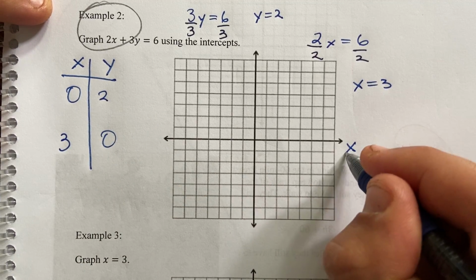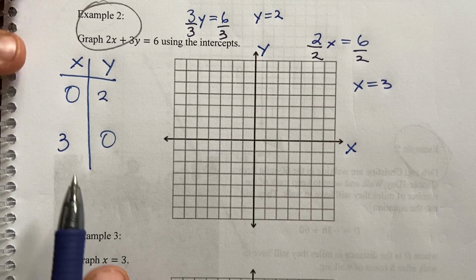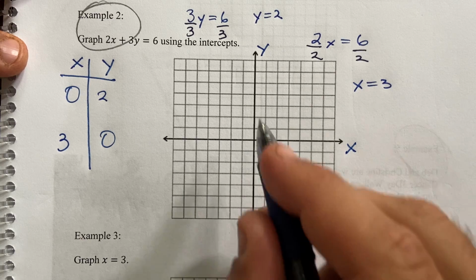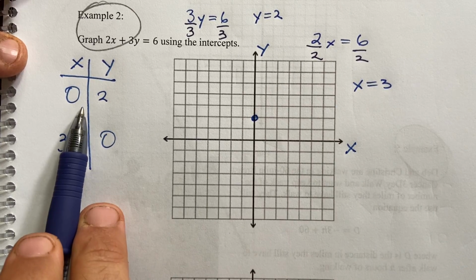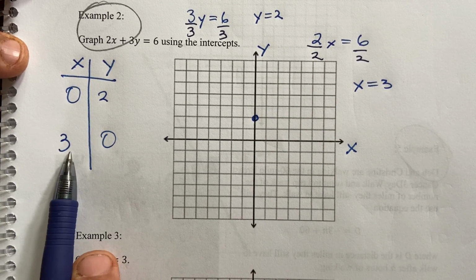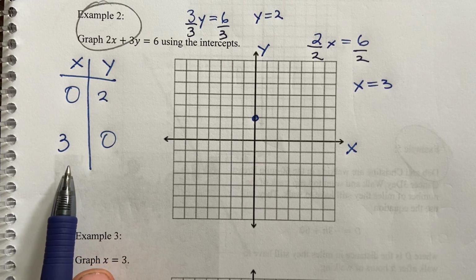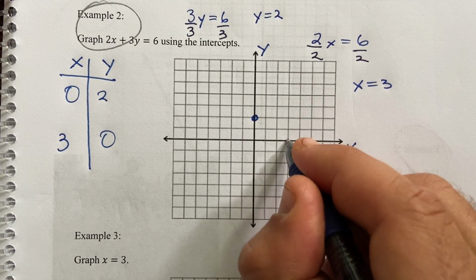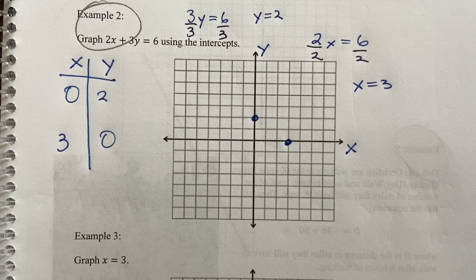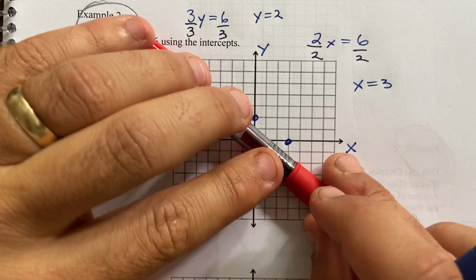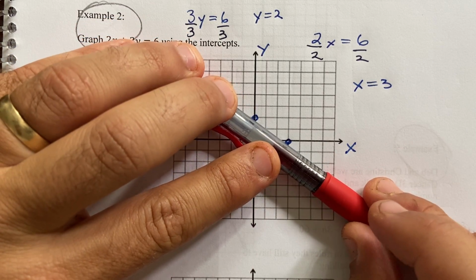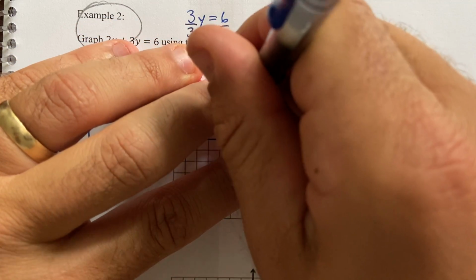So again, typical x and y, and then 0 and up 2. So that's this y-intercept. Now I go 3 to the right and 0 up. Okay? The graph is the line, right, that connects these two.